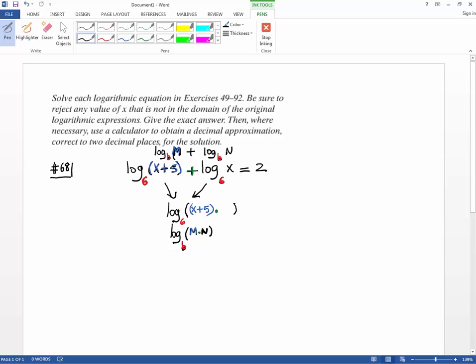And what is n? n is just x. So I'll put x for n, and m again was x plus 5. So we are basically condensing those logs as a single log, and that's equal to 2. Okay, technically we should put square brackets here, to be mathematically correct, but we get the picture.